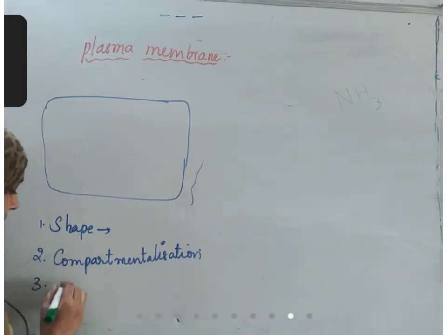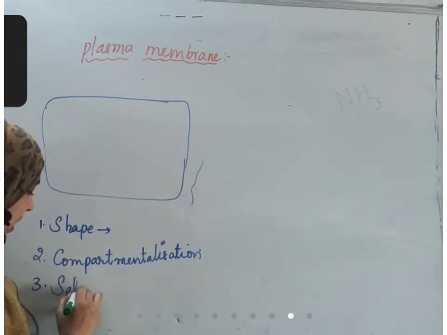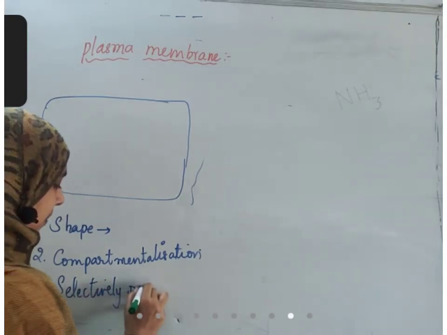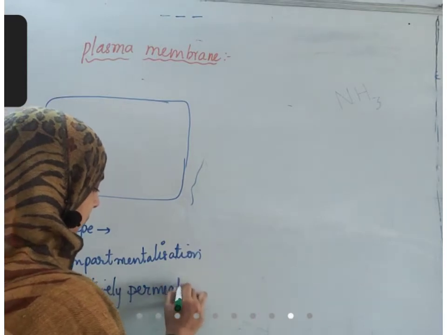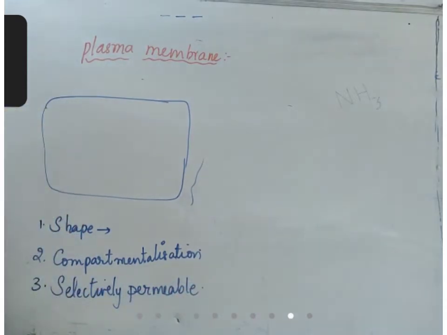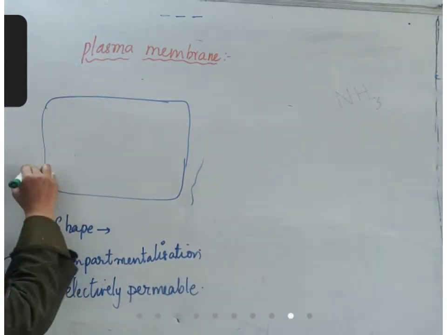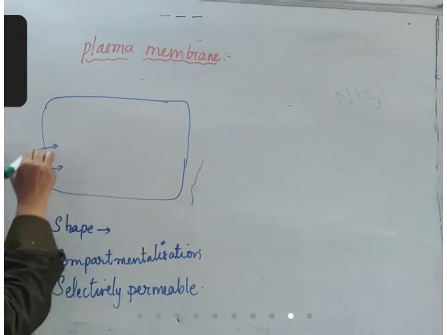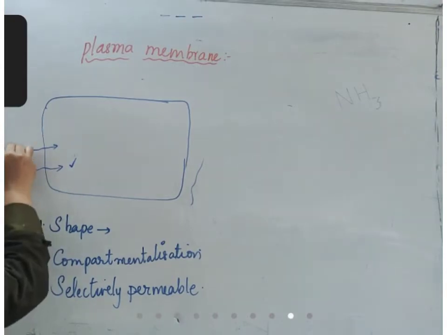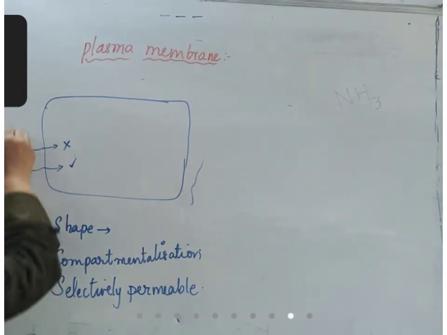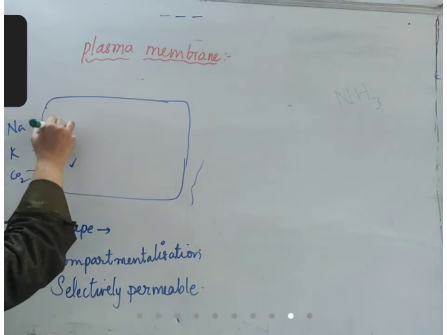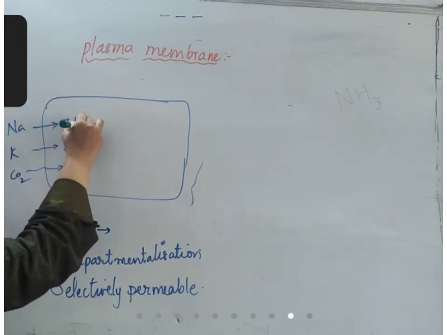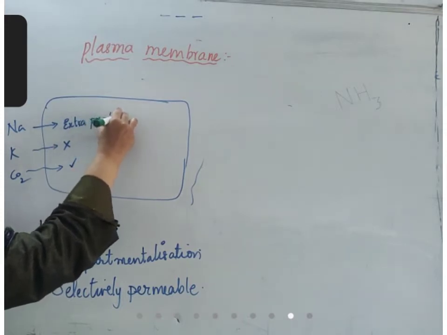Third one, since the plasma membrane is selectively permeable, it allows only certain particles to pass through it. Carbon dioxide, okay, go inside. Potassium, no, you are not allowed. Sodium, you need some extra help, extra proteins to move into the cell.